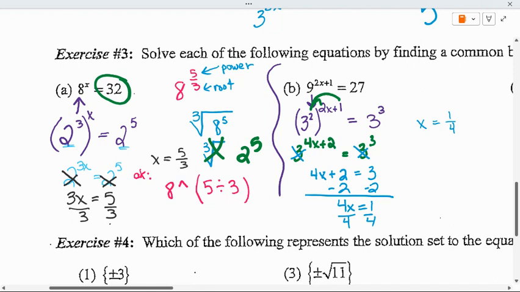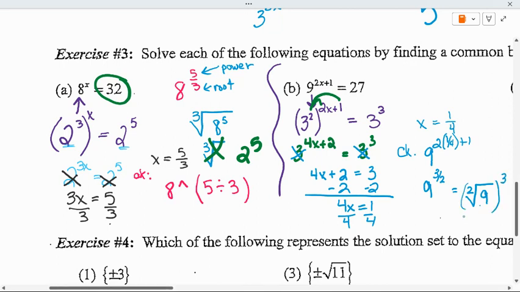So if I were to check that, just because I want it to make sense in my brain, 9 to the, let's see, 2 times 1/4 plus 1. Well, 2 times 1/4 is what? It's 1/2, and 1/2 plus 1 is 3/2. That means I'm taking the square root of 9, and whatever I get, I have to cube it.